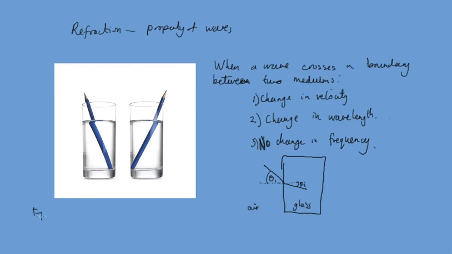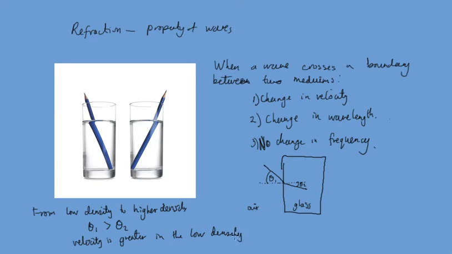So from low density to higher density, θ1 is going to be greater than θ2, and the velocity is greater in the low density medium.